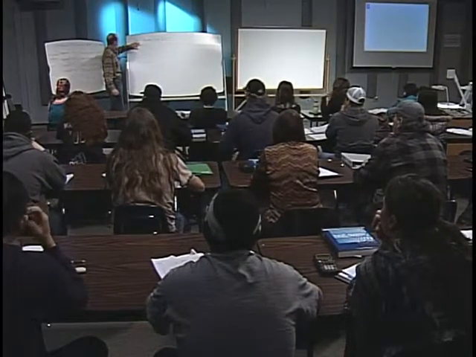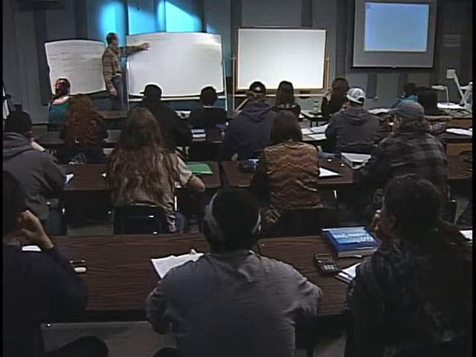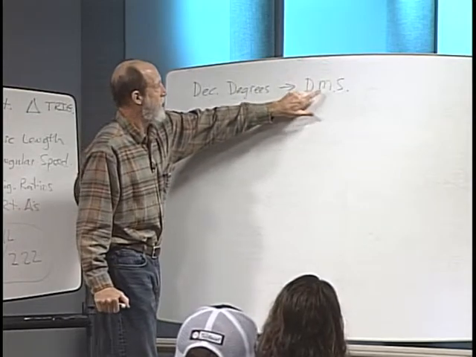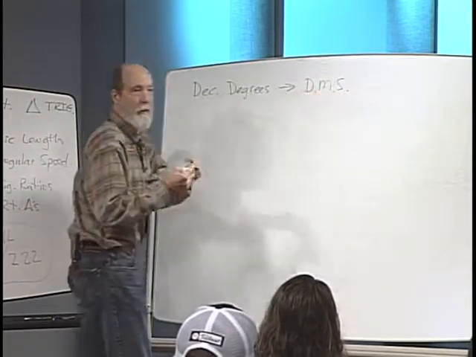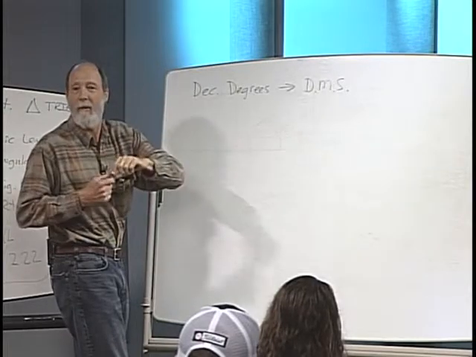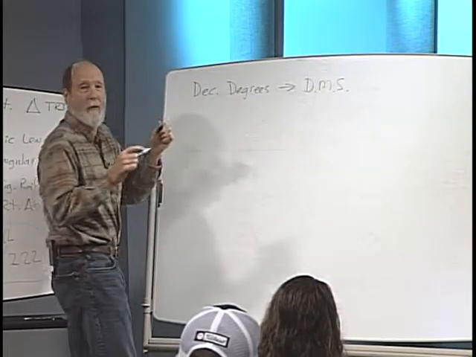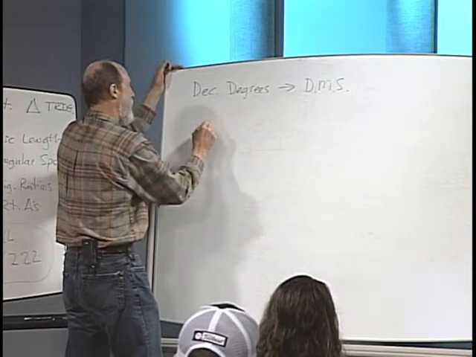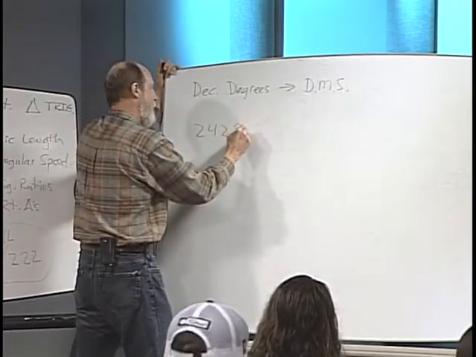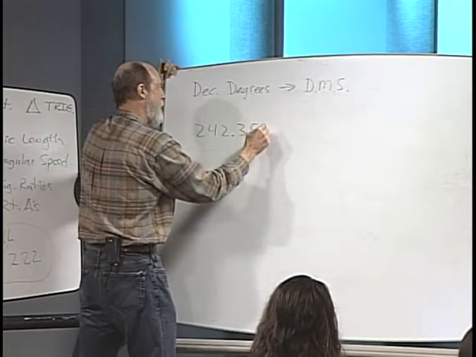If we have an angle given to us in decimal degrees and we want to convert it into the notation for degrees, minutes, and seconds. So let's take an angle. Somebody want to give me an angle that's bigger than 90 degrees? 240. Okay, let's take 242.3591.